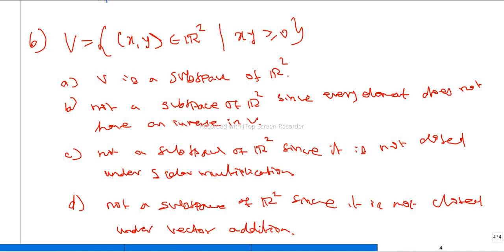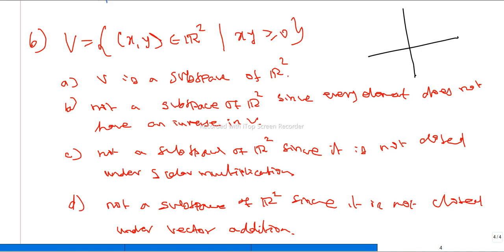So xy is greater than 0 is union of two quadrants. Either both x and y are negative, the product is positive, or both x and y are positive, then the product is positive. Therefore, this V is nothing but union of the two quadrants. So what are the quadrants?